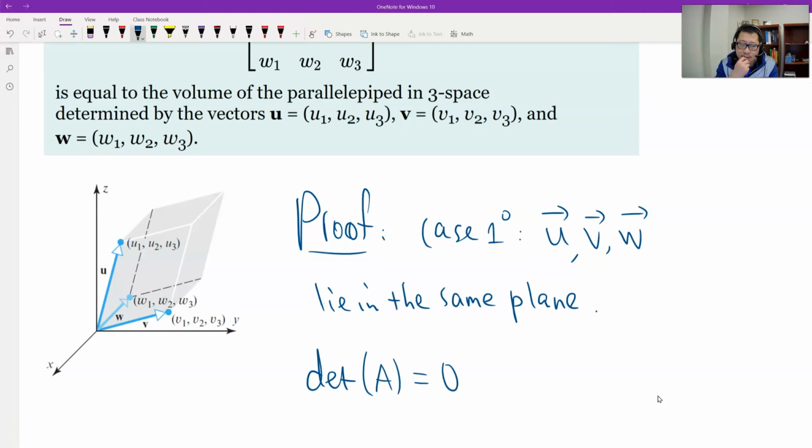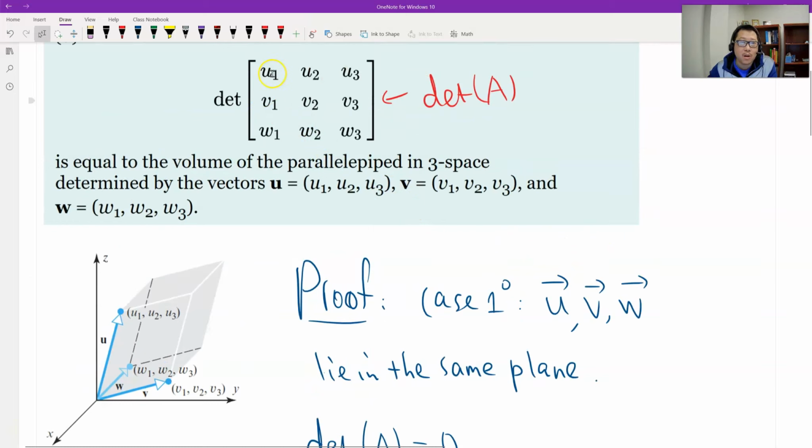Why? Because U falls into the plane of V and W, therefore U is a linear combination of V and W, right? A linear combination means the first row of this determinant is a linear combination of the second row and the third row. Therefore, by the third type of row operation, we can make the first row all 0.